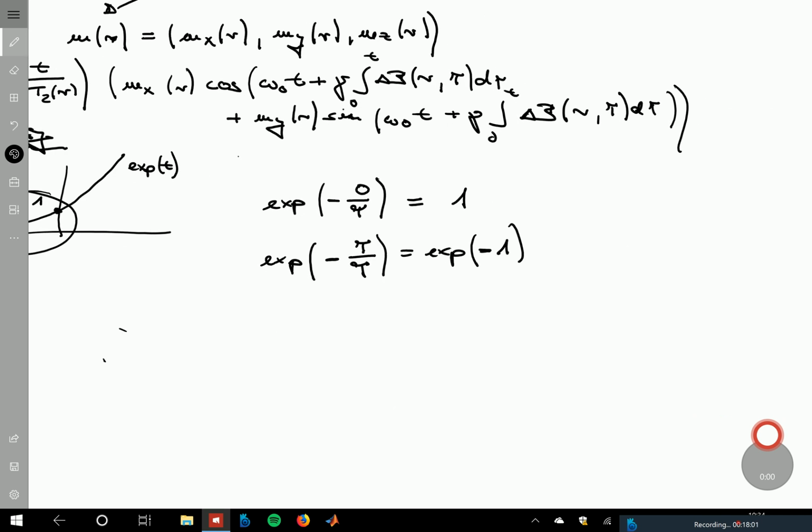So this is 1 over 2.71, which must be 37 something. Yeah, 37%.